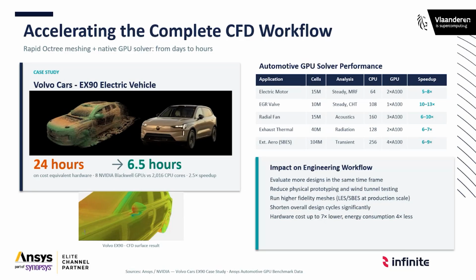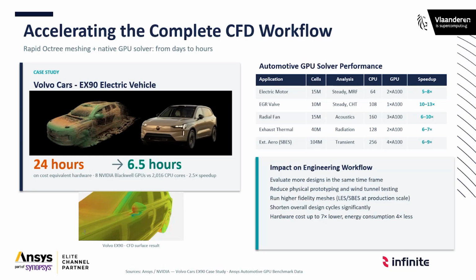by means of the GPU and the octree mesh, we can now have multiple options in my engineering workflow. We can look into more designs in the same time frame, or we can reduce physical prototyping and wind tunnel testing, because we can now look at more options for one car to really get a broad map of my car.